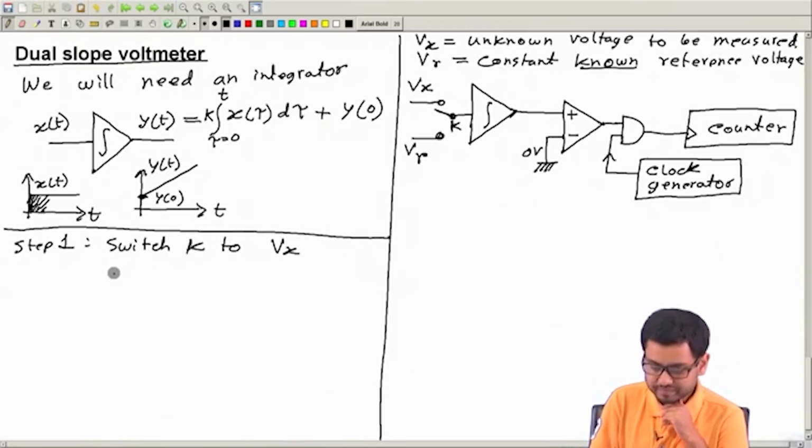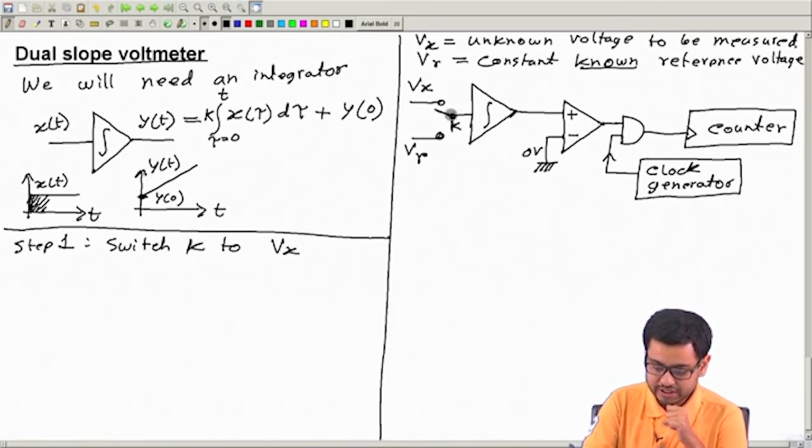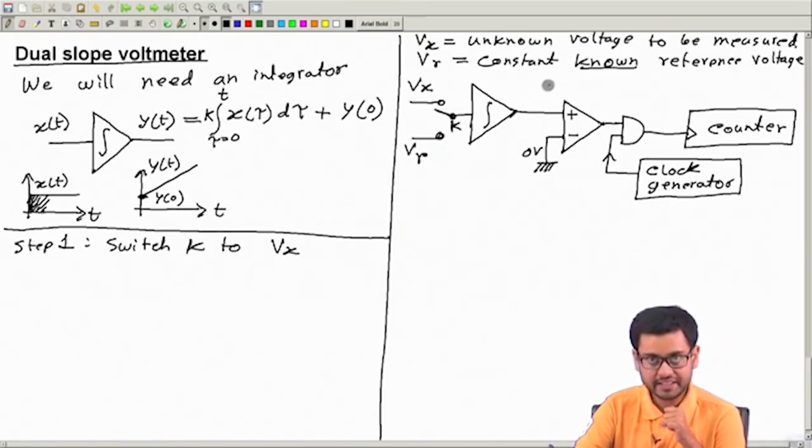What will happen? Vx is a constant input. If I connect this here, then this output will start increasing.